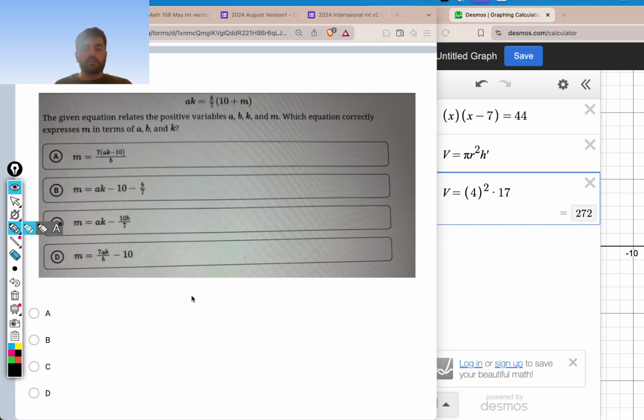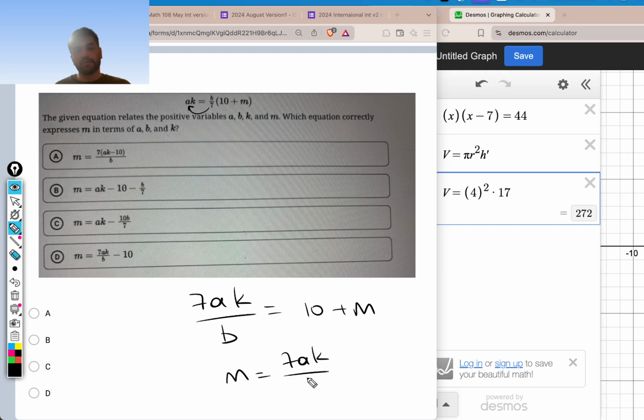From here we can write it like that: 7ak over b. We have to multiply it by 7, then divide it by b, is equal to 10 plus m. And from here m is equal to 7ak over b minus 10. Answer will be D.